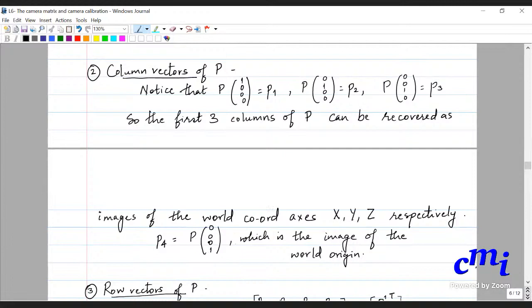So the fourth column of P is the image of the world origin. In this way, you can give a geometric interpretation to the column vectors of P. Is this clear?